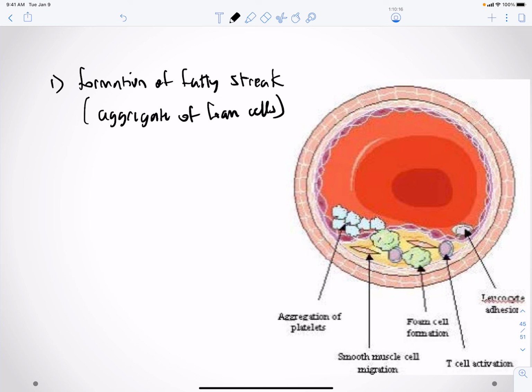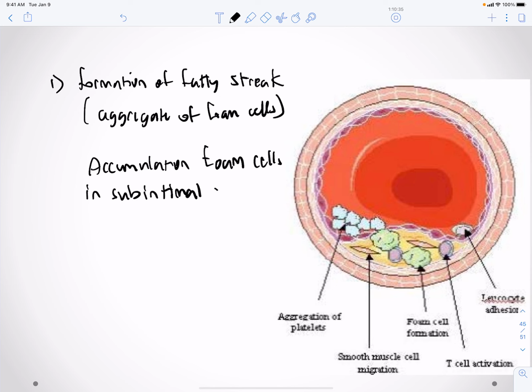Okay, and this basically means you have an accumulation of lipid-laden macrophages in the subintimal space. And this looks like a yellow-white linear streak.